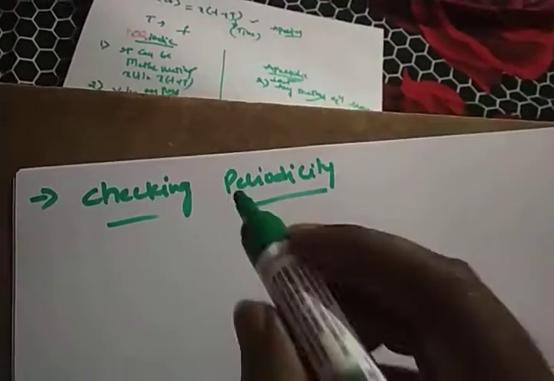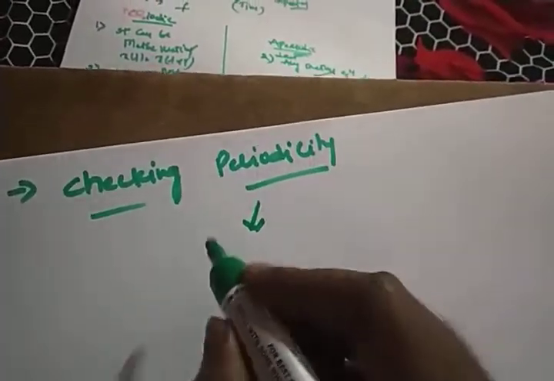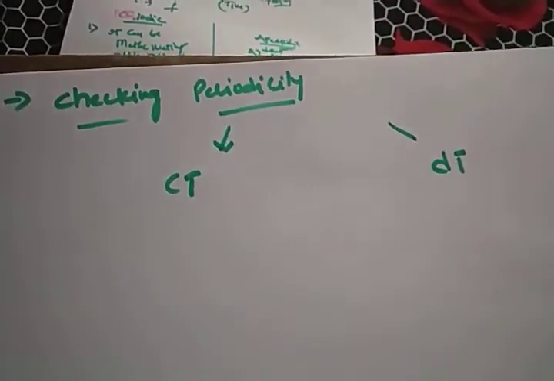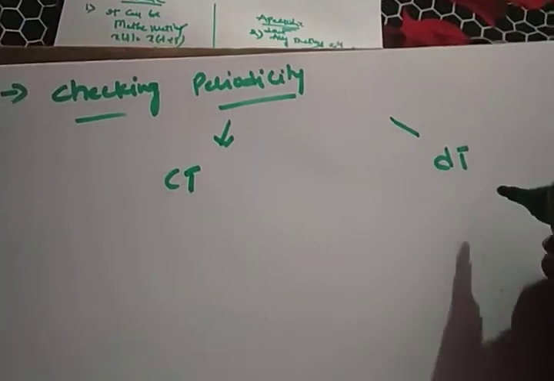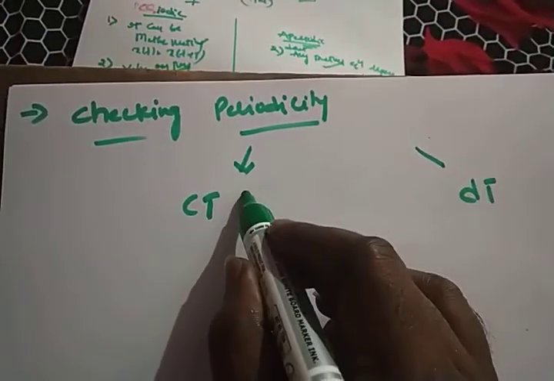Basically we have two types of signals: the continuous signal and the discrete time signal. You know the continuous signal is the signal which varies continuously with time, and the discrete time signal is defined at discrete intervals of time.